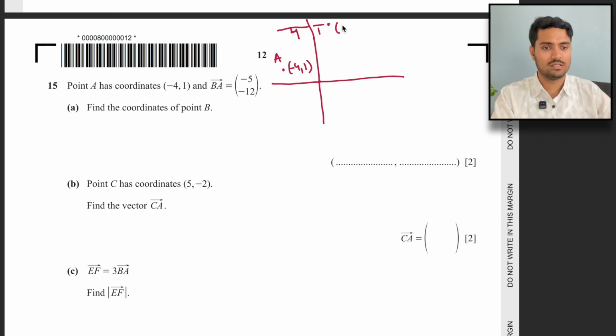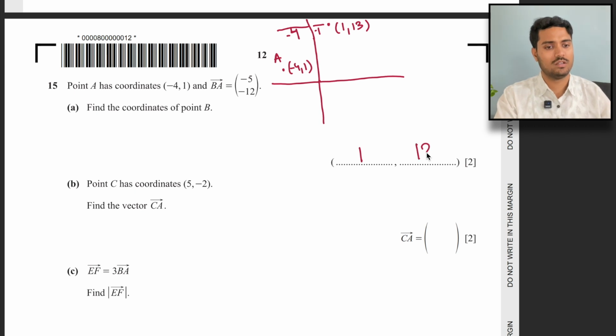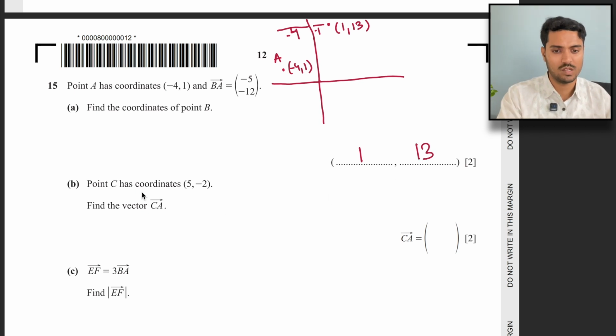That means this is 1 comma 13. This is 1 comma 13 because if it's here, then 1 unit and 4 units, total 5 units, will give us minus 4 towards the negative side. And if we are at 13 and we come 12 units down, we'll reach 1. This is 1, 13.